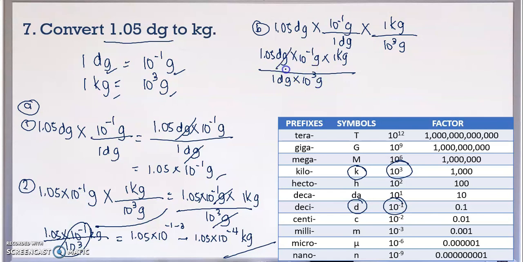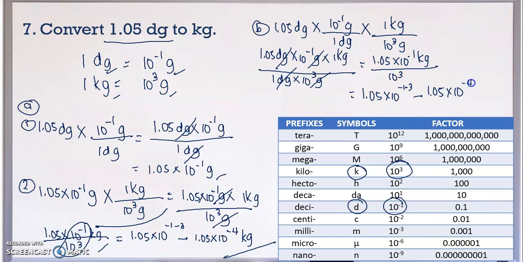Cancel out the units, and the measurement would be 1.05 times 10 raised to negative 1 kilogram divided by 10 raised to 3. The final answer is 1.05 times 10 raised to negative 4 kilogram.